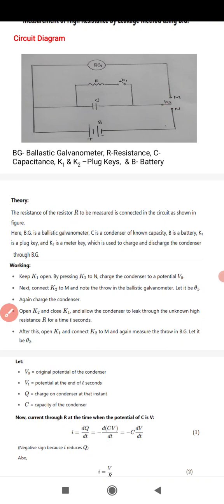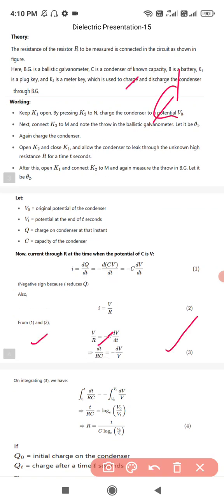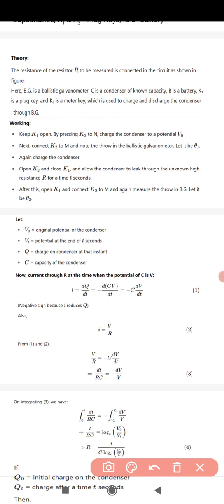Now let us work out the theory. V0 is the original potential of the condenser and VT is the potential at the end of T seconds. Q is the charge on the condenser at any instant of time and C is the capacity of the condenser.